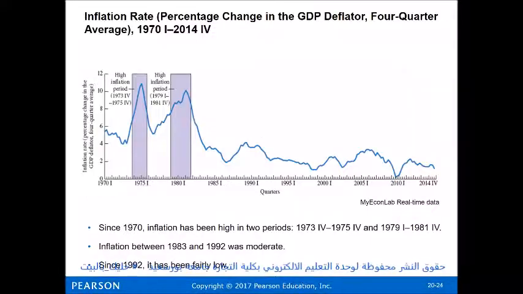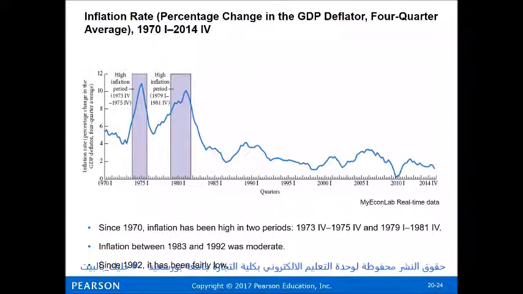The chart we have here shows the inflation rate in the form of the percentage change in the GDP deflator 4-quarter average during the period 1970 first quarter through 2014 the fourth quarter. And as we can see from the chart, since 1970 inflation has been high in 2 periods.